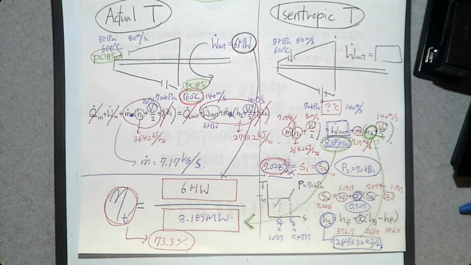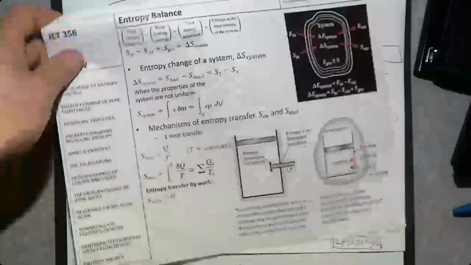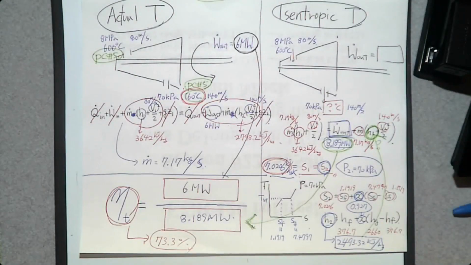What is the entropy balance equation? I have one slide, second, and third to explain the entropy balance equation from the book. But I'm going to give you a 1-page summary of the entropy balance equation. Why don't we need that?